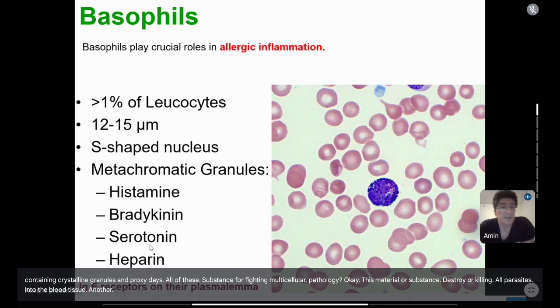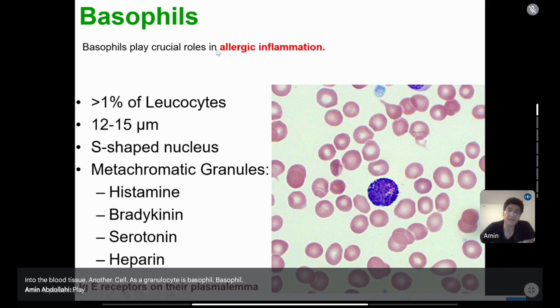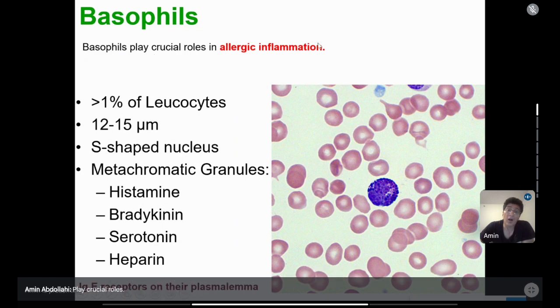Another cell as a granulocyte is basophil. Basophil plays crucial roles in allergic inflammation. The function of basophil is the same as mast cell.